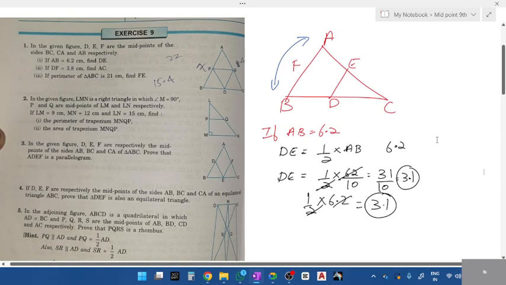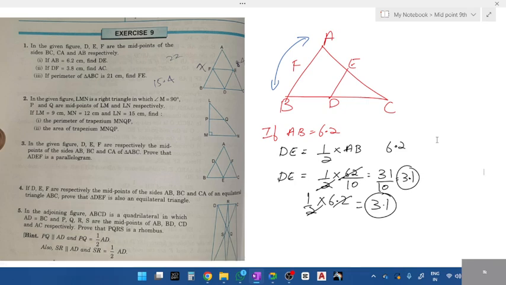I'll send it later, and attend tomorrow. Okay, we hardly have 10 days left, students, for your test. You have to complete this by this week and start with revision. Complete it. Write the theorem DE. Next, DF.